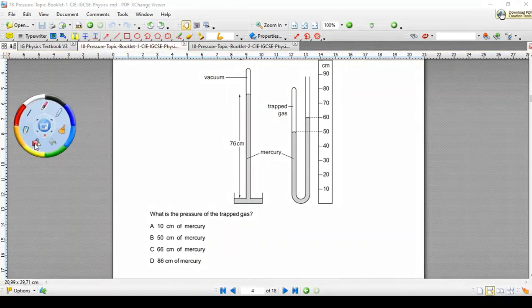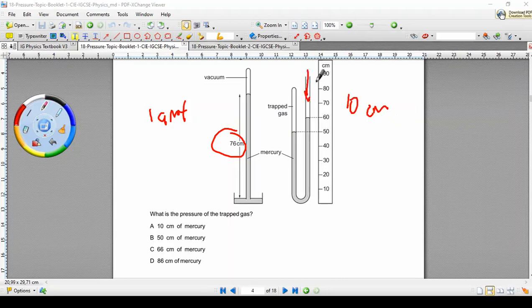In this question over here, they give us a barometer telling us that 76 is 1 atmosphere, and here we have a mercury barometer next to it, and we see that the trapped gas has 10 centimeters more pressure than the atmospheric pressure of the air.